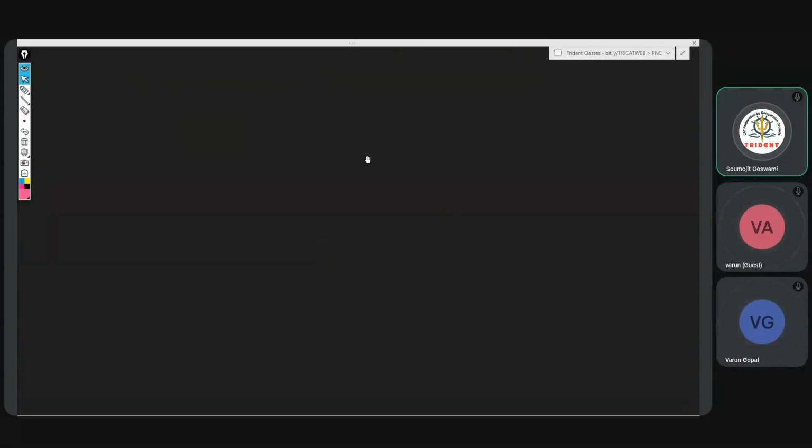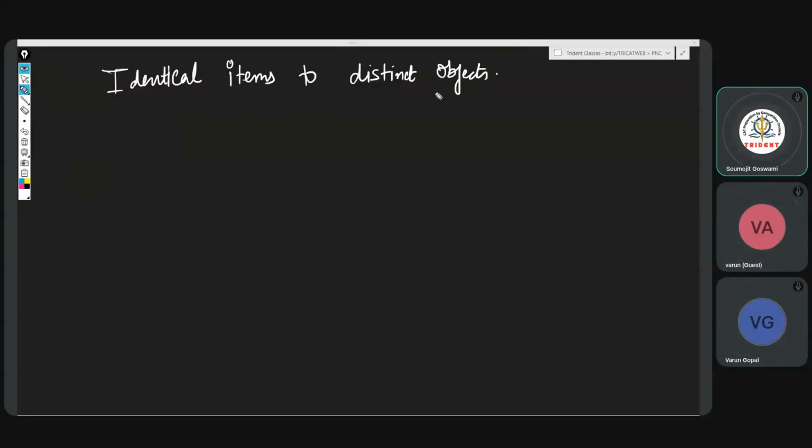So also, if you want to remember something, remember this: what we did right now, partitioning, is distribution of identical items to distinct objects. You can call it number one. This is one of the ways, distributing identical to distinct. There will be distinct to distinct, identical to identical, and so on and so forth, right?